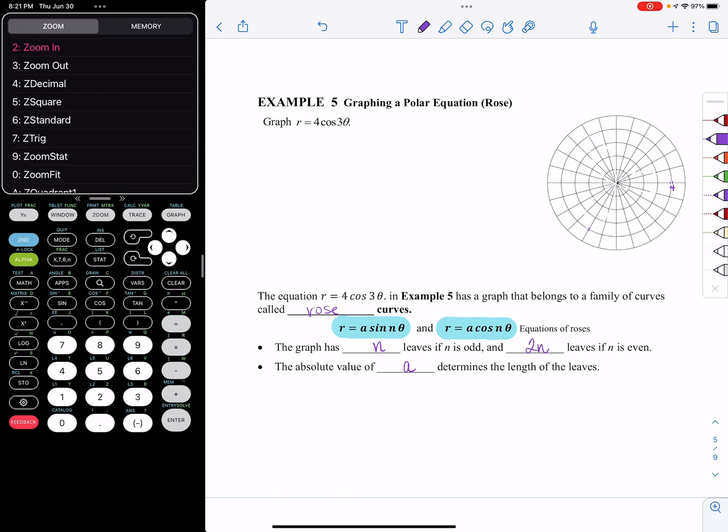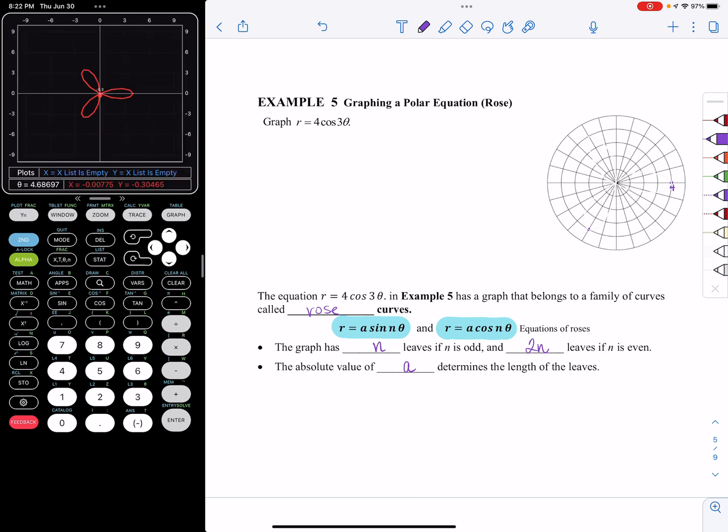So if we go back to zoom in the middle and go to number 6, zoom standard, this will take us back to that negative 10 to 10 domain and range. And what we have here is called a 3-leaved rose. It's a rose that has 3 leaves.